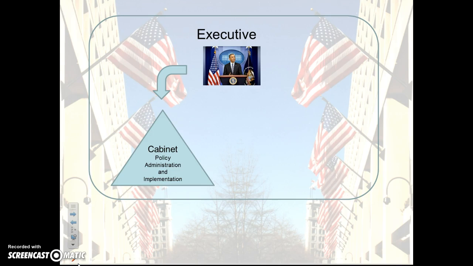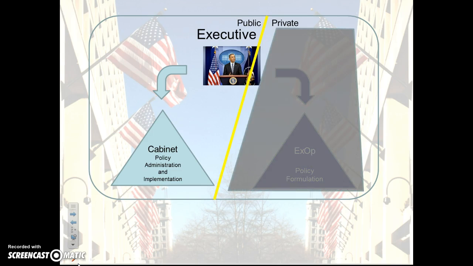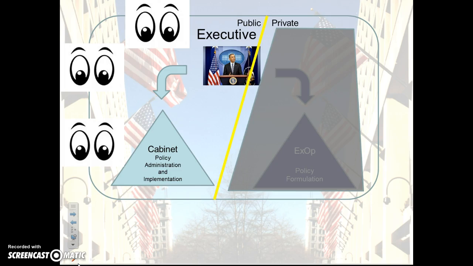So here's the executive. We've got cabinet, policy administration and implementation, and we've got ExOp who are there managing policy. So the big difference here is that one of these operates in the public domain, the other one operates behind closed doors in those smoke-filled rooms that people can't really see. Cabinet is under constant scrutiny. They're under scrutiny from Congress, from the party, from the people.